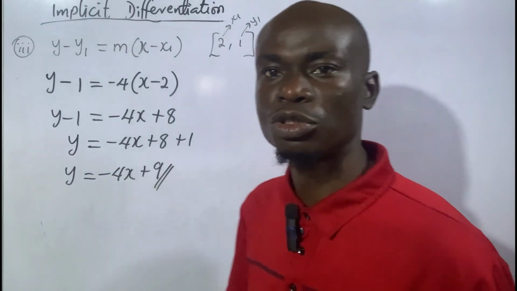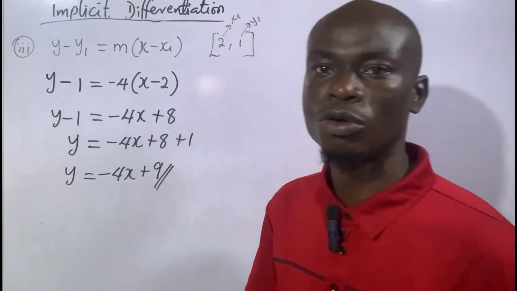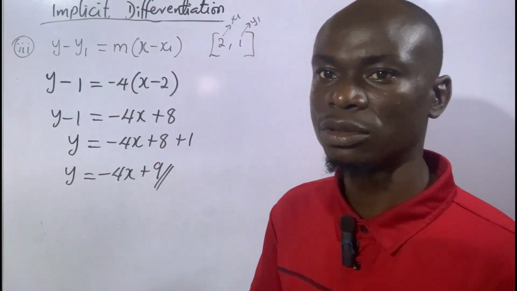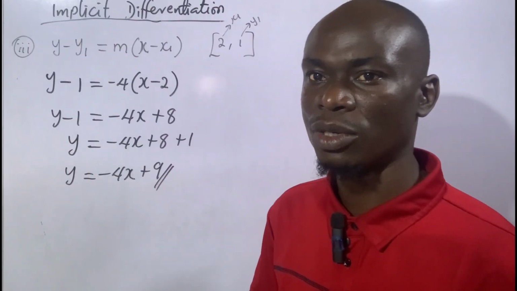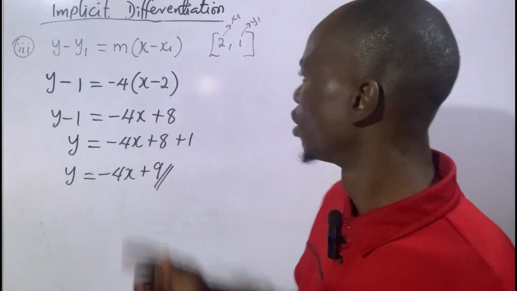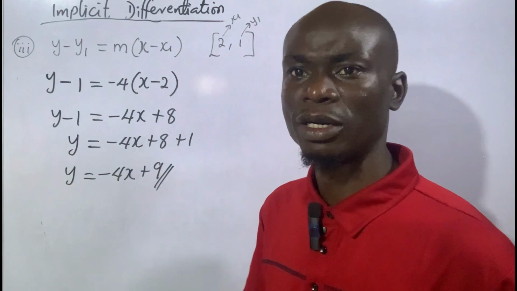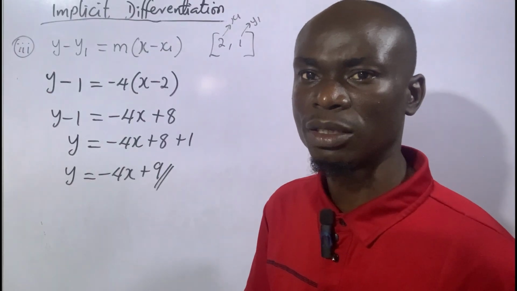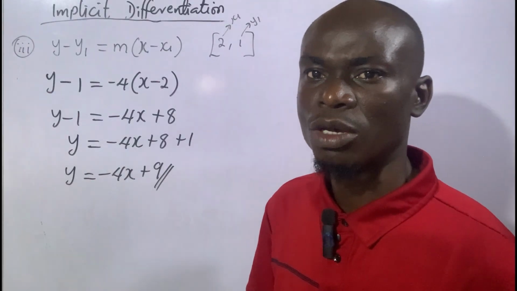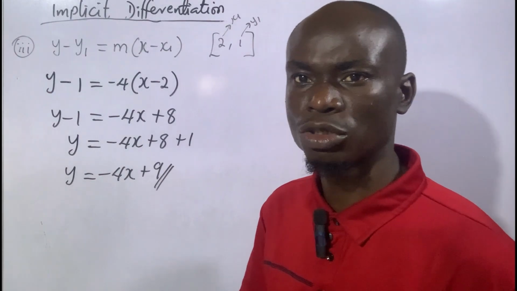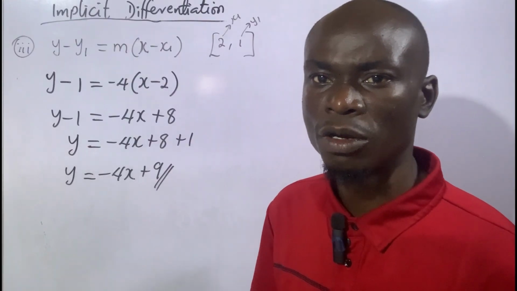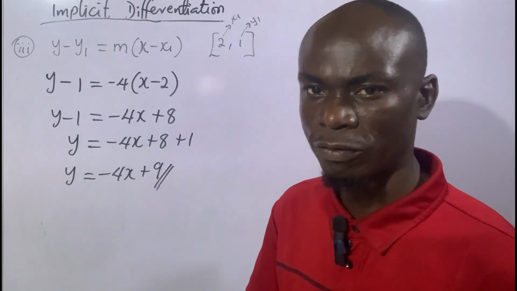So this is the equation of the tangent to the curve at the given point. Okay, it's a straightforward question. All you need to do is to know your formula. If you know your formula and the point is already given, you have gotten the slope of the tangent, just substitute, and you get the equation of the tangent line to the curve.